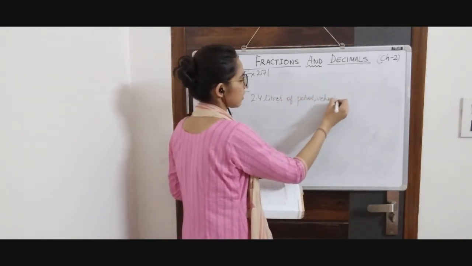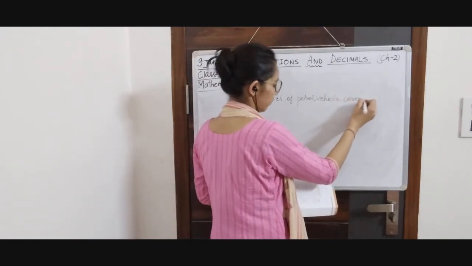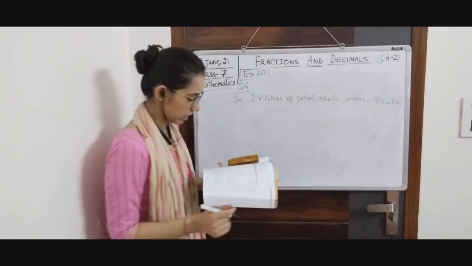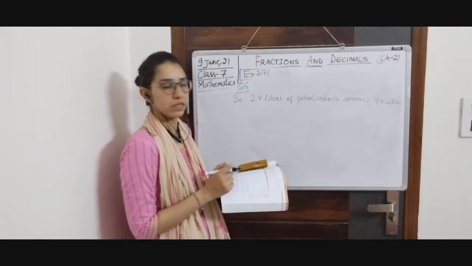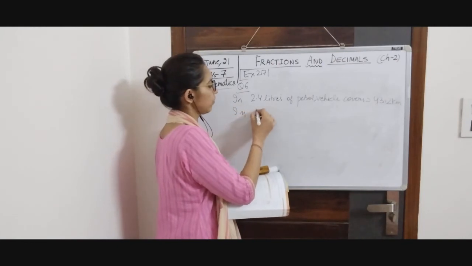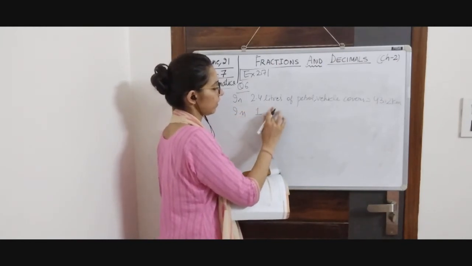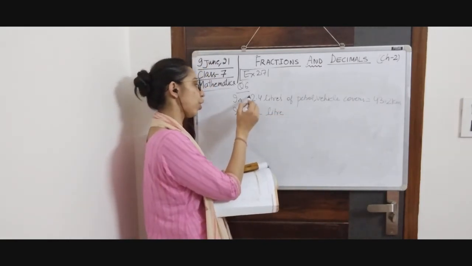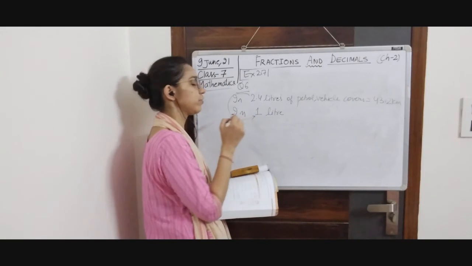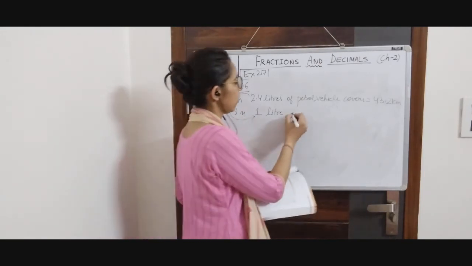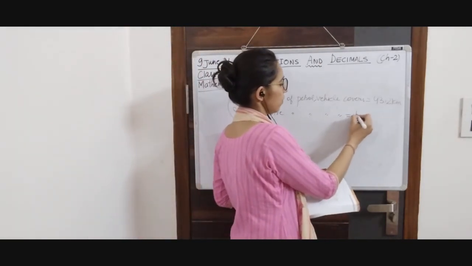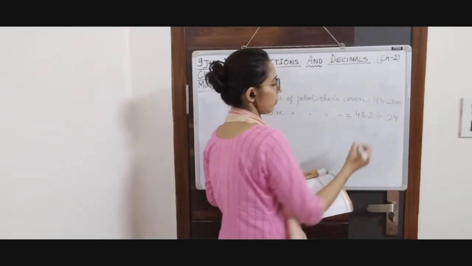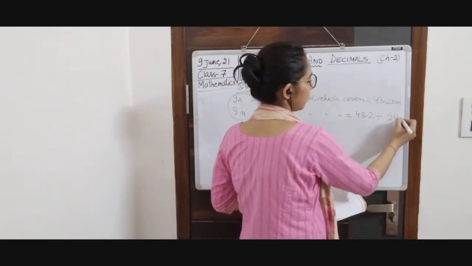You have to tell how much distance it will cover in 1 liter. Because we are going from a bigger to a smaller quantity, we will perform division here. The vehicle will cover 43.2 divided by 2.4 kilometers.